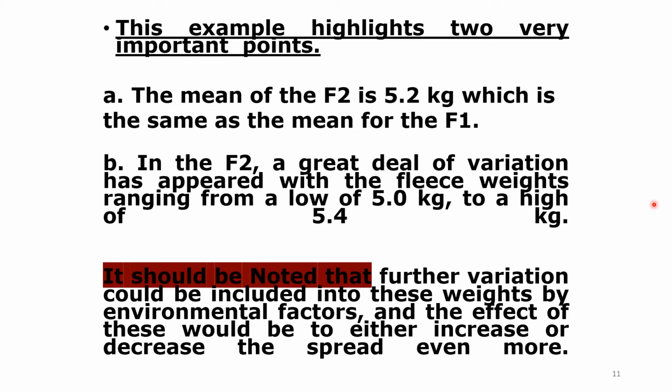It should also be noted that we'll get a wider range of variation if environmental factors were allowed to have their way. In the example we just looked at, environmental factors were held in a closed, controlled environment. If these animals were exposed to a physical environment, the variation is likely to be wider than this.